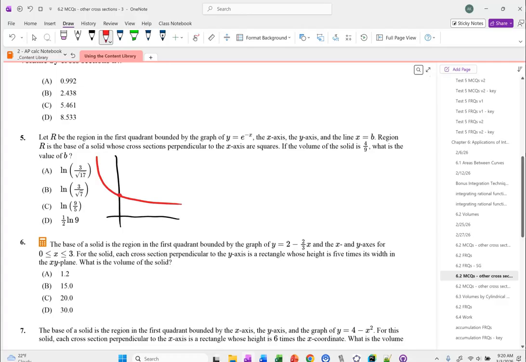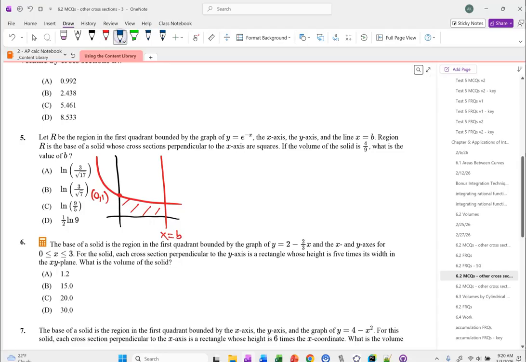This should be the point (0, 1), right? We have our line x equals b. So this is our shaded region, right? Everybody feel okay there?